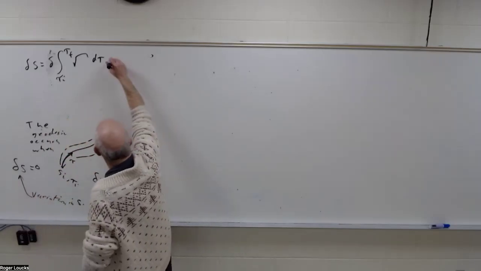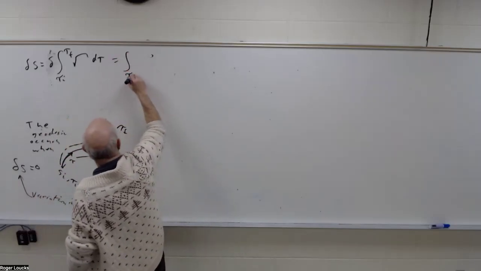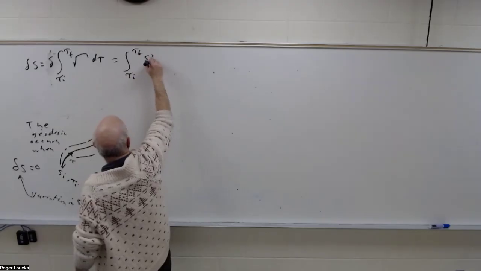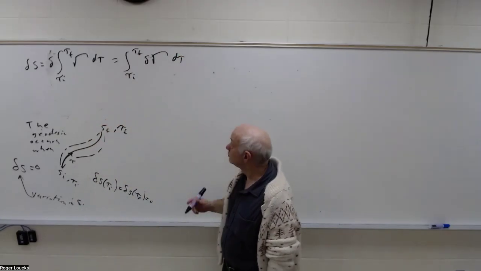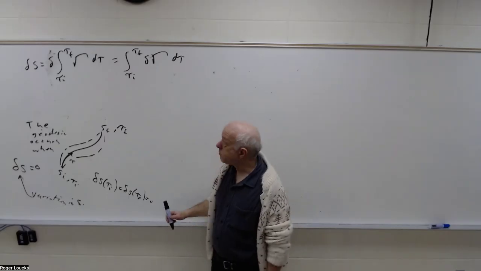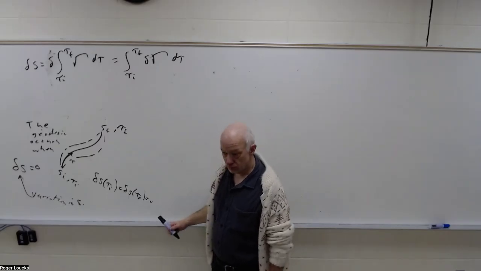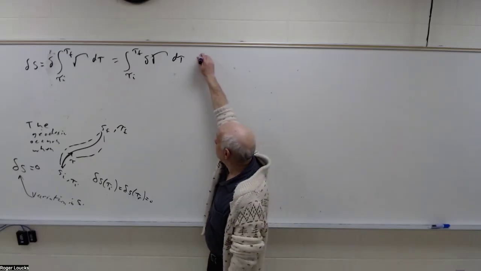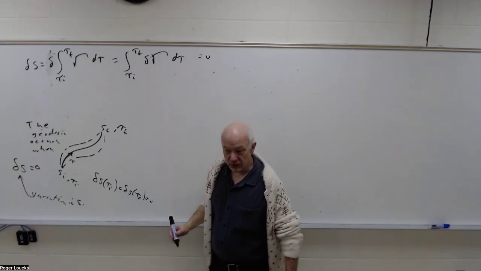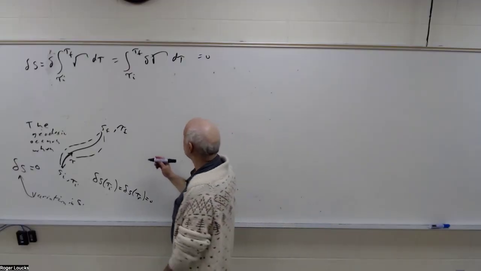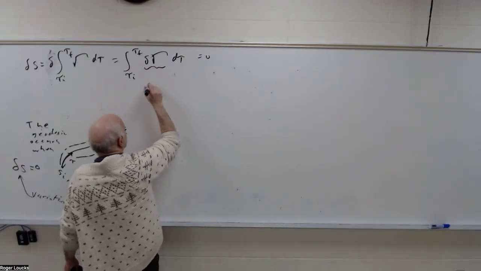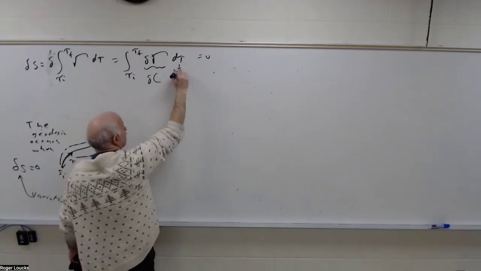What did we say that is? Well, the whole thing is equal. If you take the variation of the square root, what did we say that was? Remember this whole thing here. This is the variation on something here we can look at.